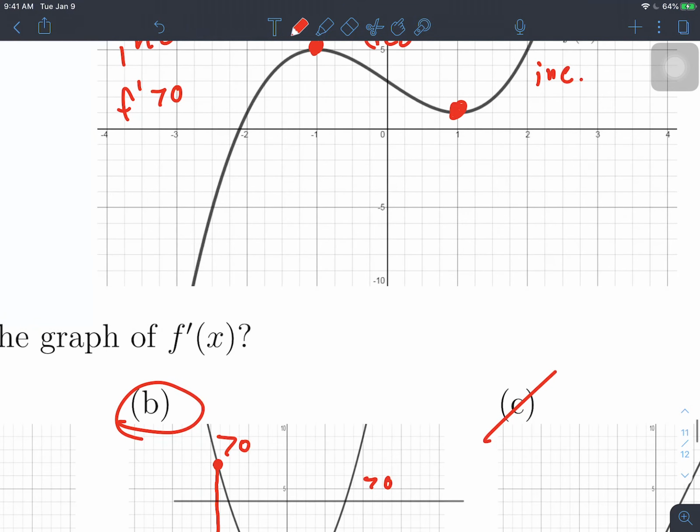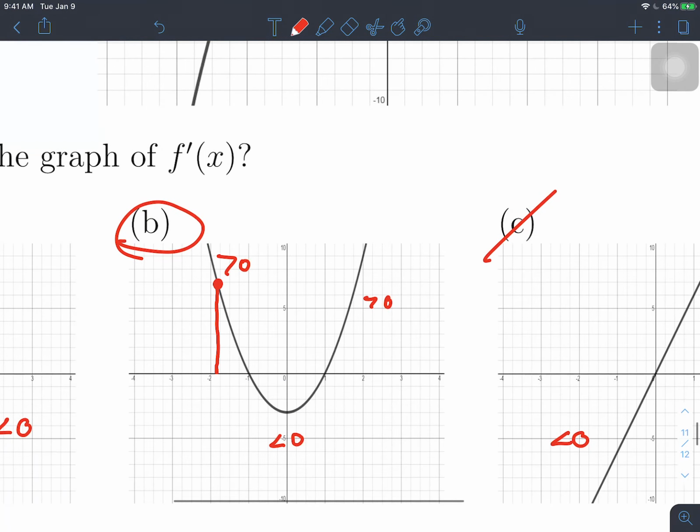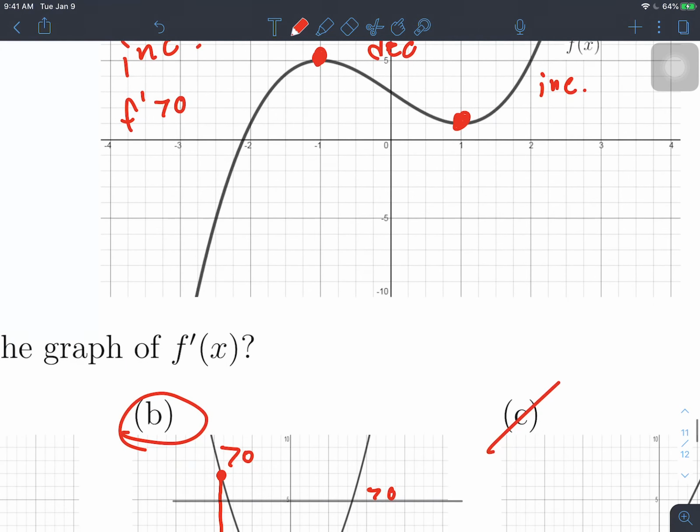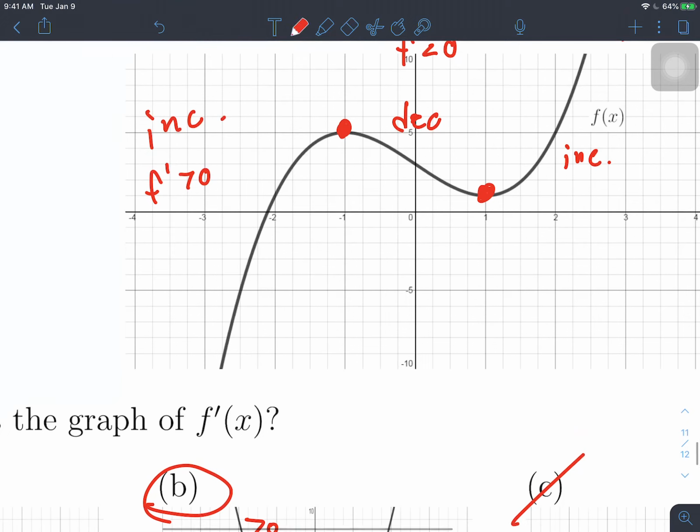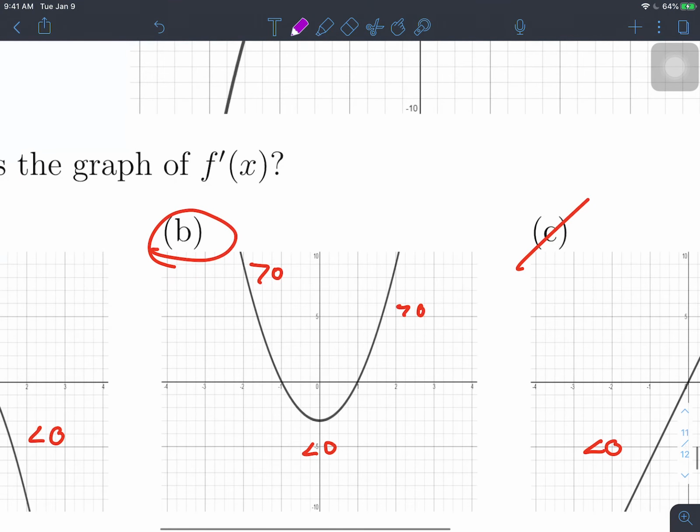Okay, so that's because, so let's see, where is that? That's negative 2. So let's make this really concrete here. At the point negative 2, the tangent line has a positive slope. It is an increasing function, which means that at negative 2, we should have that the height of the derivative should be above the x-axis.